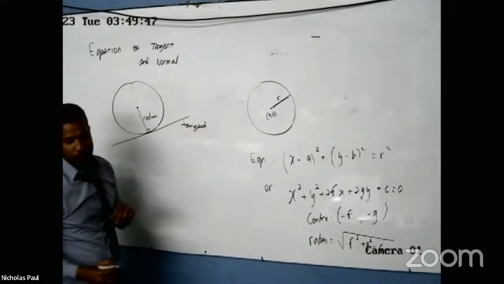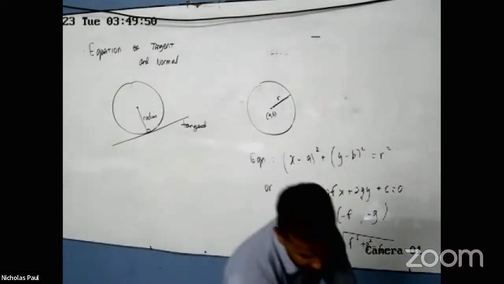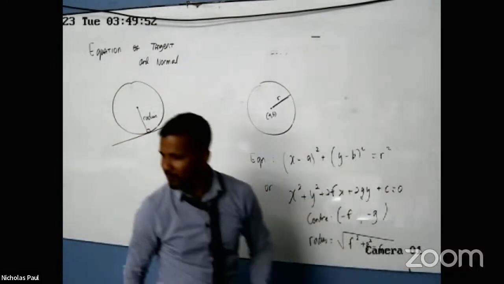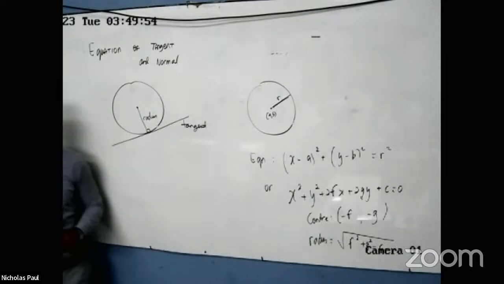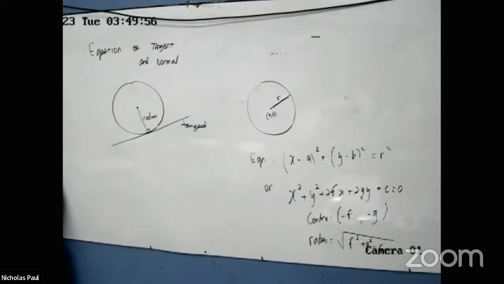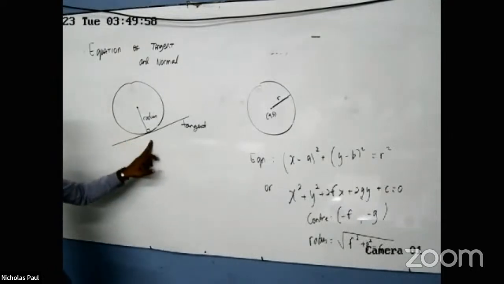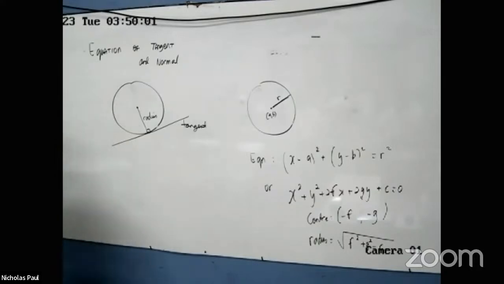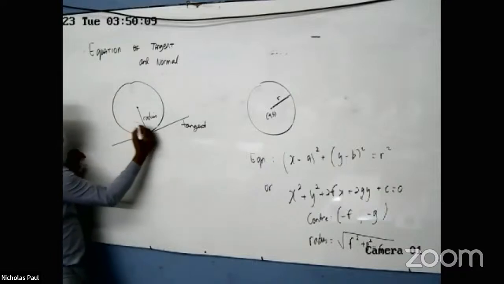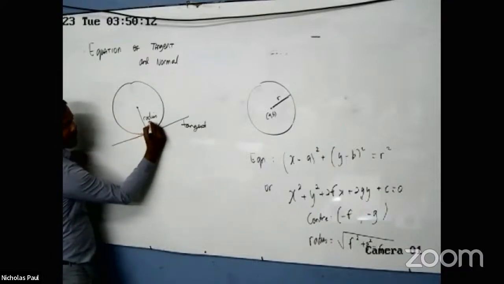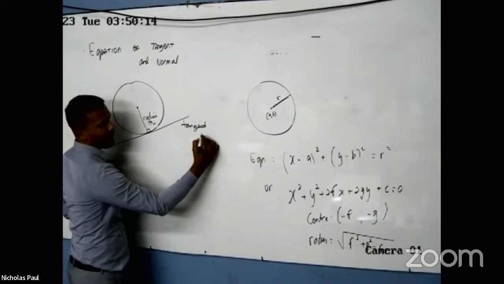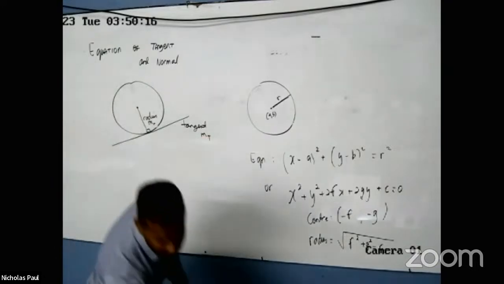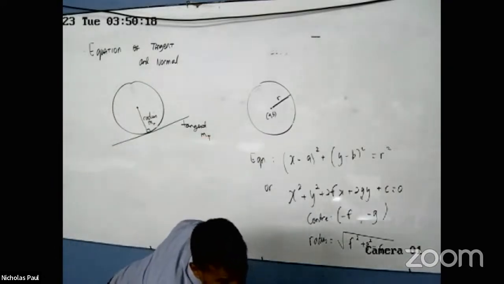And what do we know about perpendicular lines? Perpendicular means 90 degrees and something else: the gradients are negative reciprocals of each other. So if I made you find the gradient of the radius and the gradient of the tangent, they are negative reciprocals of each other.